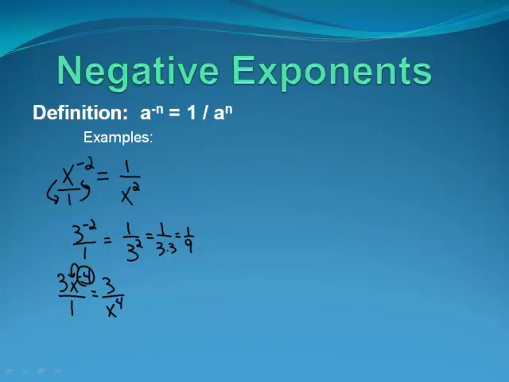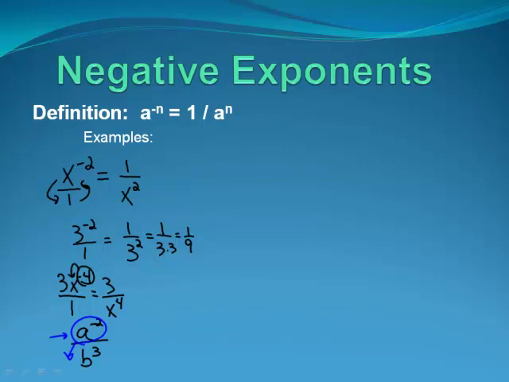Let's say you had this problem: a to the minus 2 over b cubed. Now, note that taking reciprocals really means if a term is originally in the numerator, when you take the reciprocal of it, it shifts down into the denominator, and vice versa.